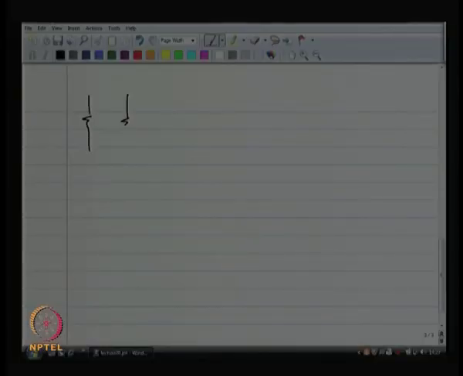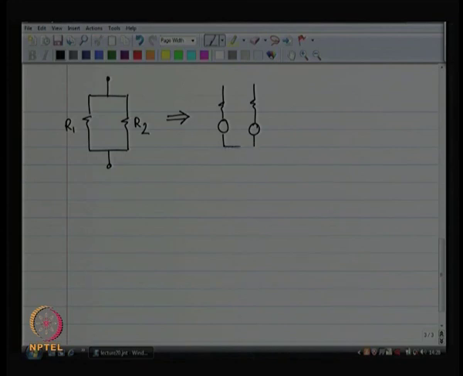Okay. So, the next thing that we have to work on is two resistors in parallel. So, if I have got two resistors R 1 and R 2 in parallel, I will replace these two resistors R 1 and R 2 by resistors in series with noise voltages.